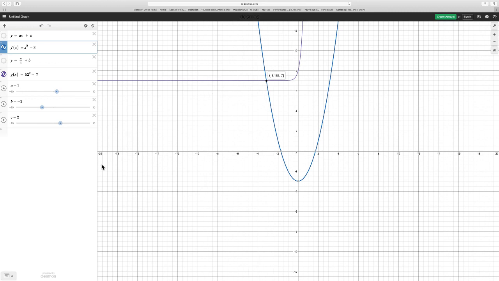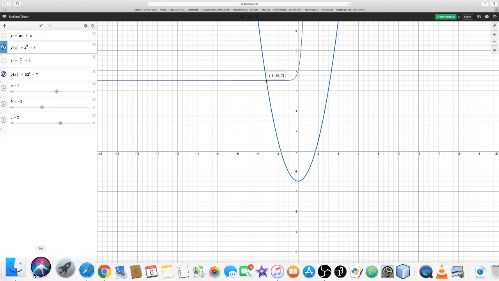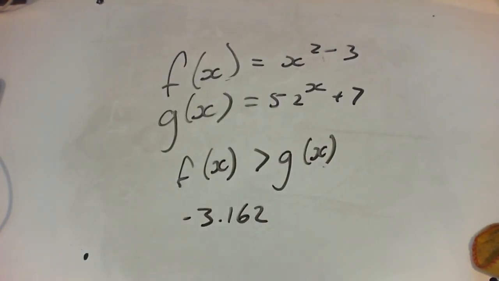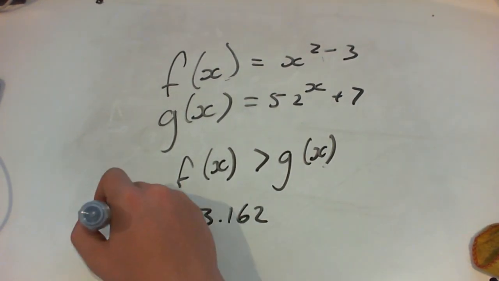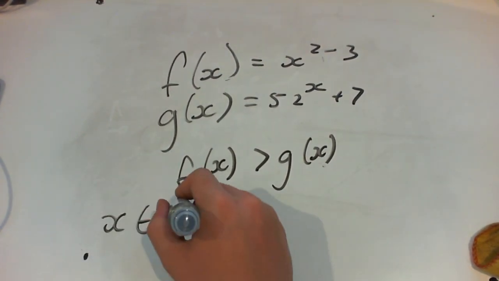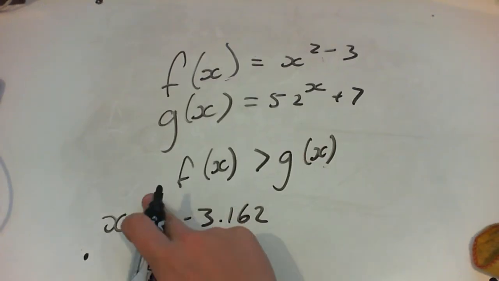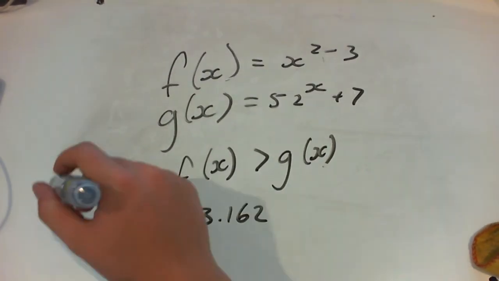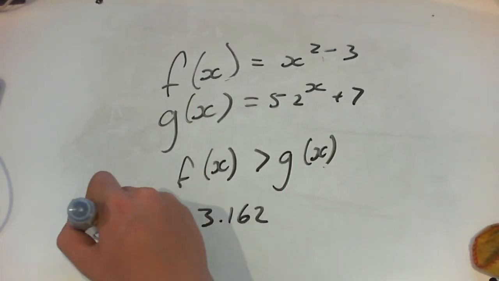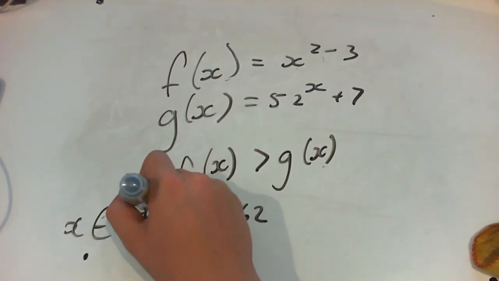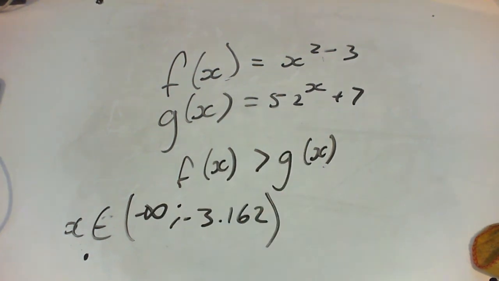What we can say is that this is the point, so x is an element from negative infinity all the way to this point, not including.